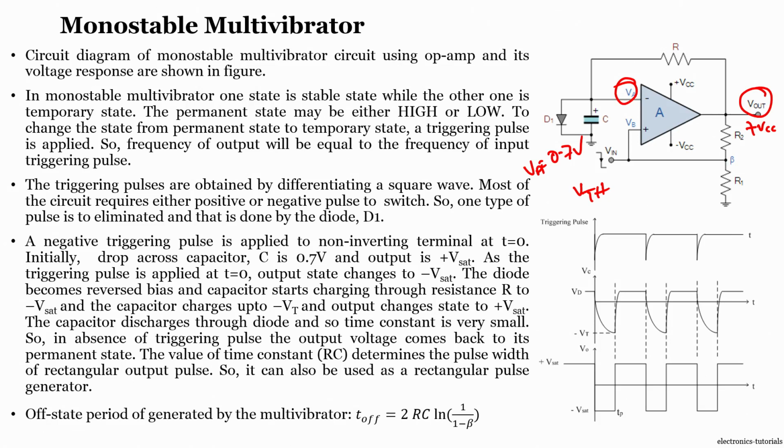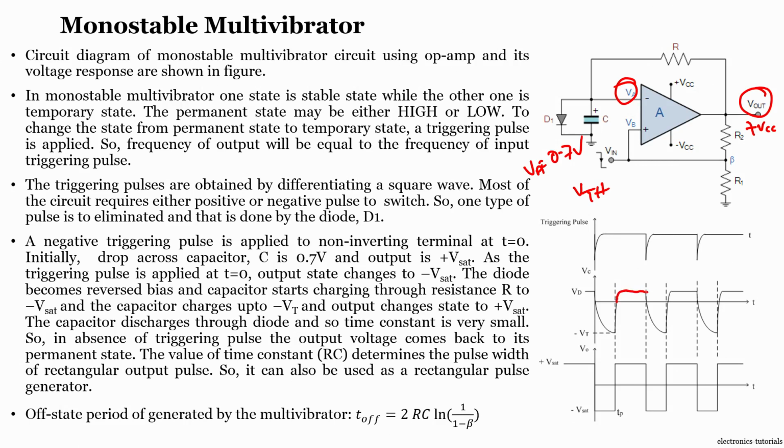If it is always at plus VCC, the capacitor will be in a charging state, but because of the diode it can only reach up to 0.7 volts. That is why, when you look into the figure, we can see that whenever the output is positive, the capacitor charges till VD, then it is constant.